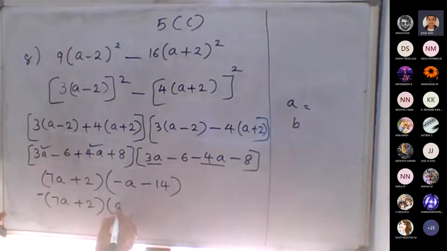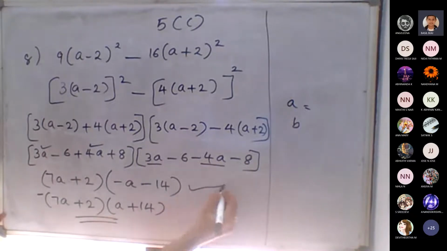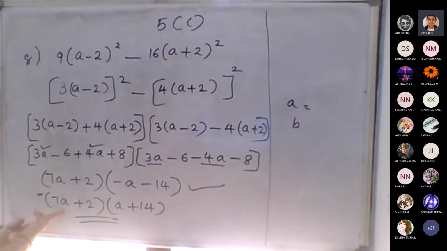If you take both negatives it will be positive, so this will be the answer. Either you can write this or this. Sometimes your exact answer will be this one, negative of 7a plus 2 into a plus 14, in the textbook answer. Anyway, this much is enough.